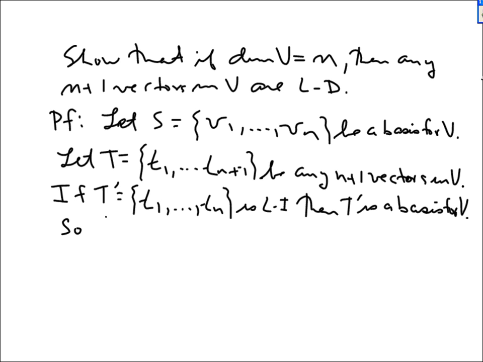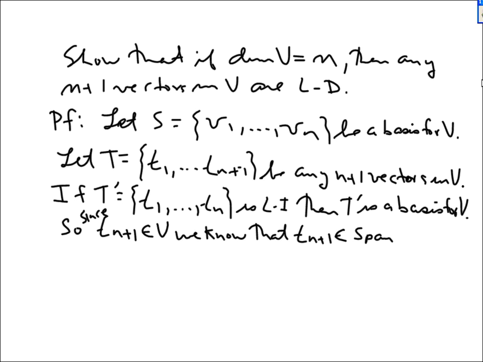So, since Tn plus 1 is in V, we know that Tn plus 1 is in the span of T prime. Because if this is the basis, then any vector is in the span.